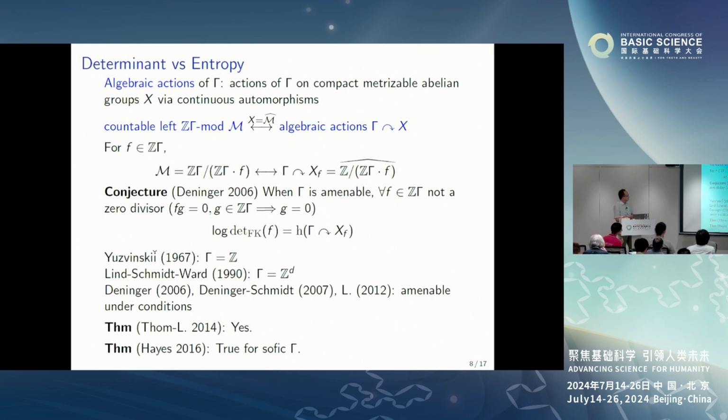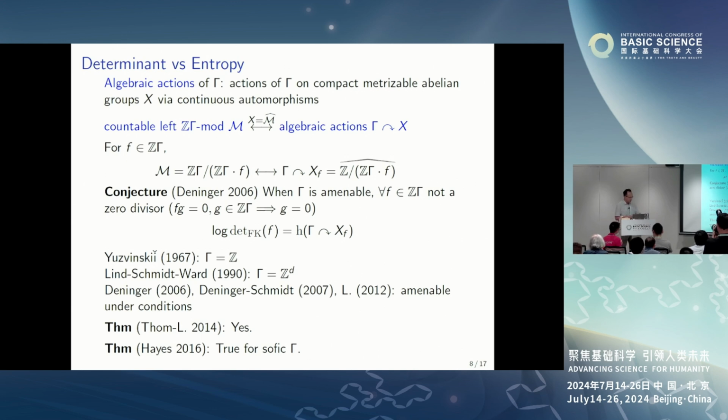Deninger is the first one who noticed that when you go to non-abelian groups, you don't have a Mahler measure anymore. Then you should use a Fuglede-Kadison determinant. So he asked this question and proved it under some special conditions, and also Deninger and Schmidt, and later I, for various special cases.